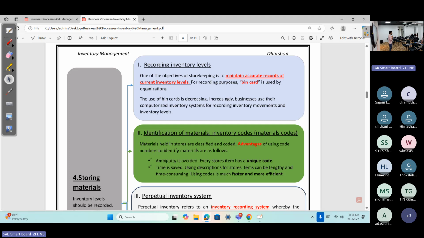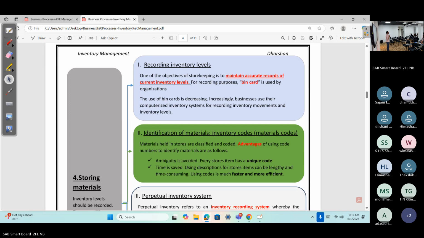The second storing activity at the inventory control point is identification. If you see garments, fabrics are there. Let's say if fabric material is there, we can identify this fabric inventory item. They have, let's say, fabric A and fabric B. Fabric A is also blue color, fabric B is also blue color.